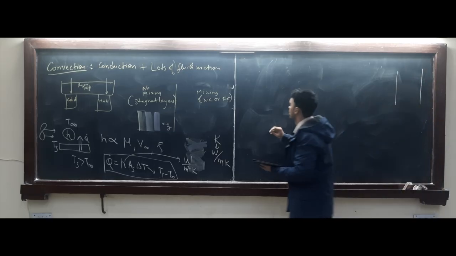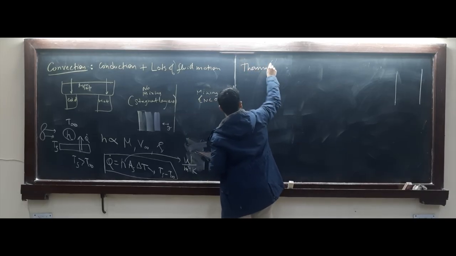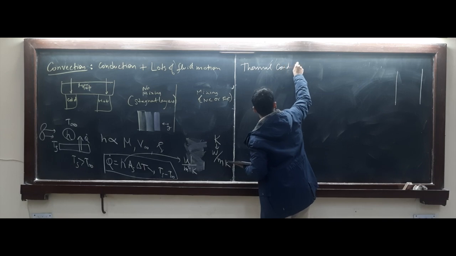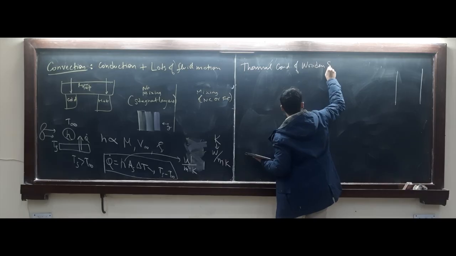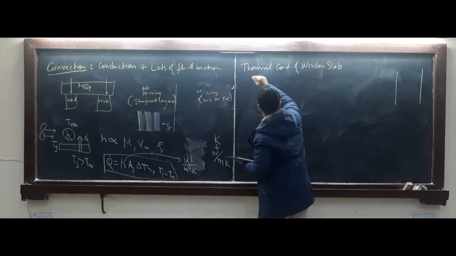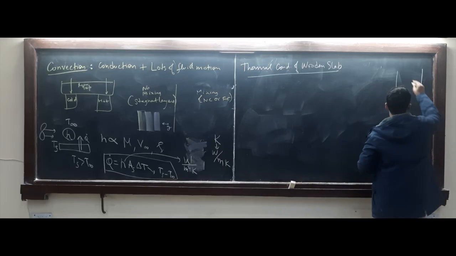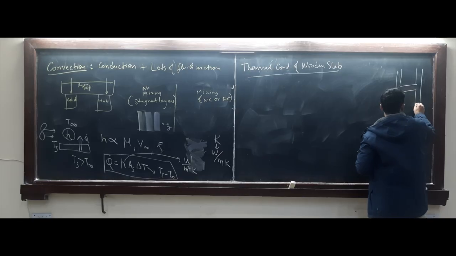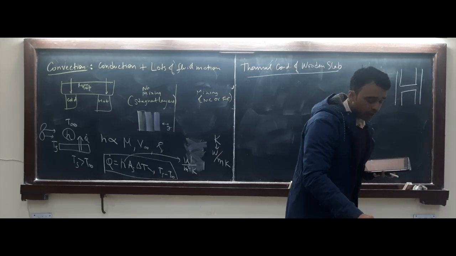This is called thermal conductivity of wooden slab. So basically, we would find out thermal conductivity of a wooden slab. You would have these two slab materials, in between which we would have a heating element.